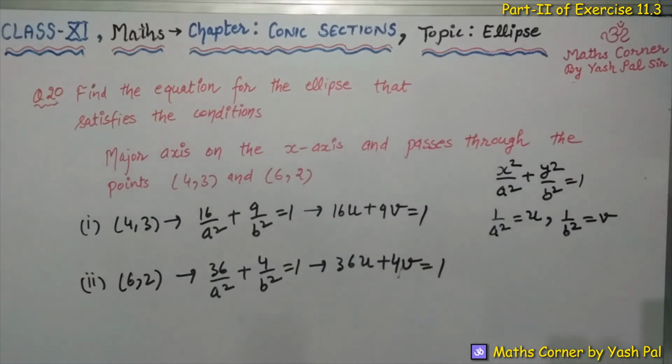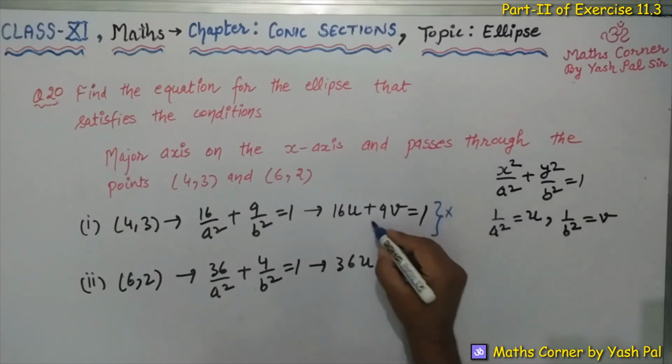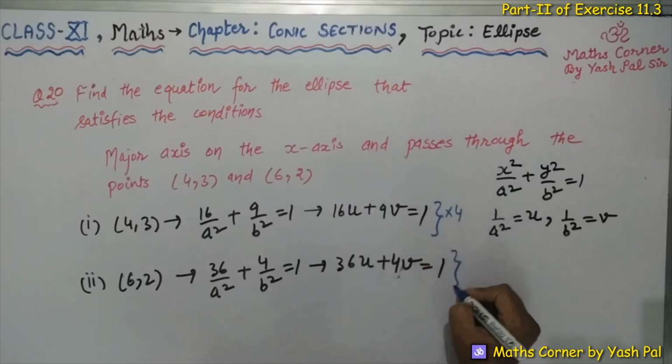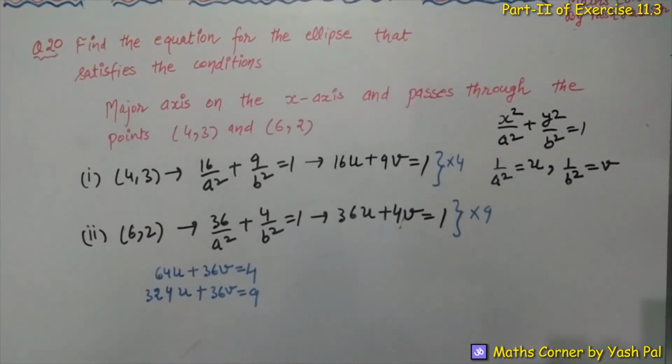Now what do we do? In the first equation we multiply with 4. In the second equation we multiply with 9. So these equations become this way. Multiplying with 9 we have this equation. Now these two equations I have already written them.